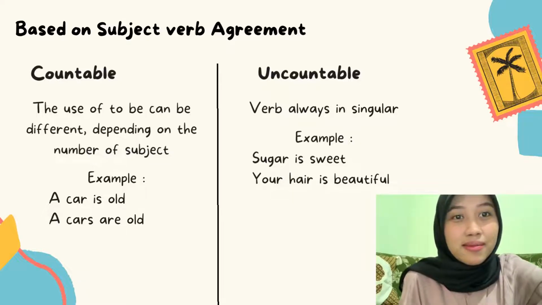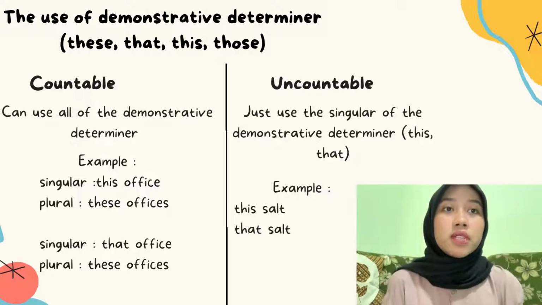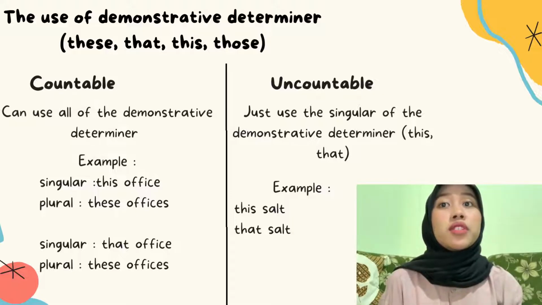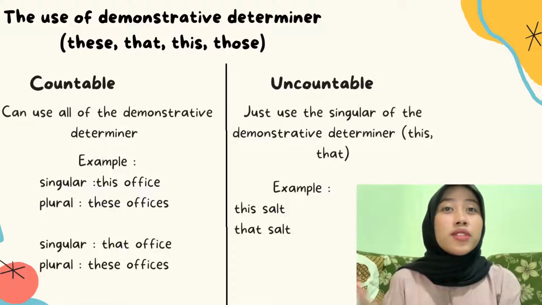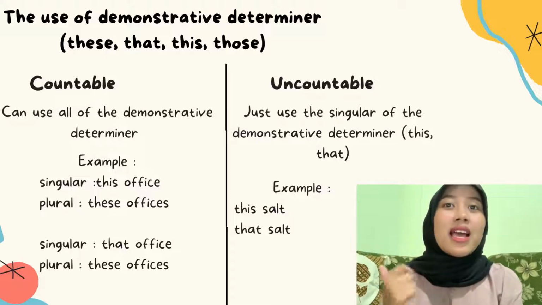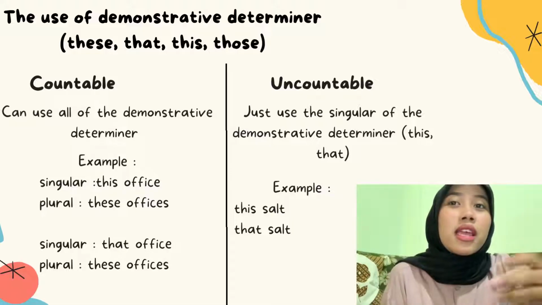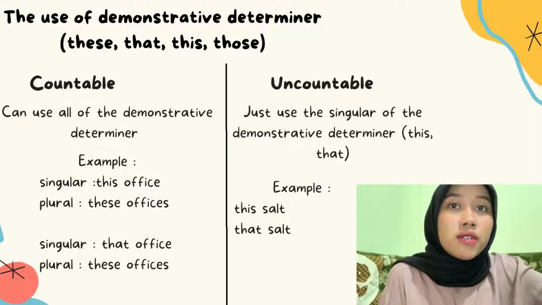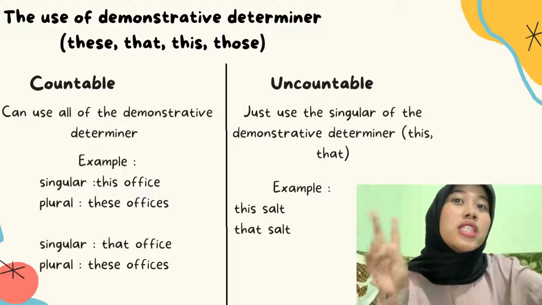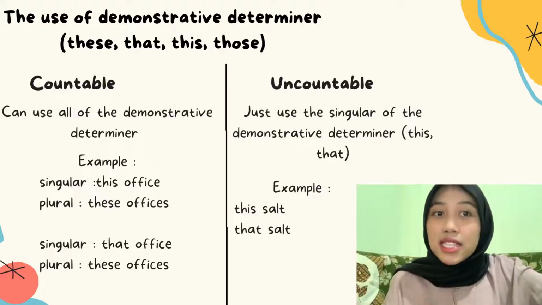It's wrong. And next, I'm gonna talk about the difference between countable and uncountable noun in the use of demonstrative determiners. First, we have to know the examples of demonstrative determiners: this, that, these, and those. For countable noun, you can use all of the demonstrative determiners, and for uncountable noun, you can only use the singular ones, just this and that.